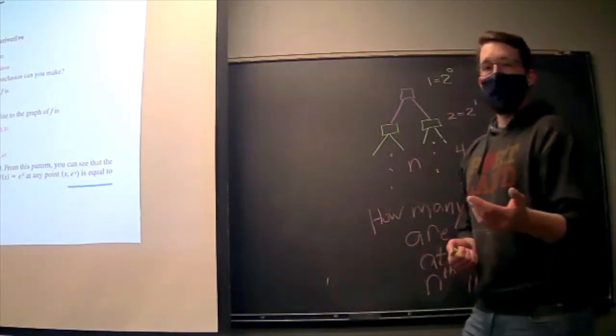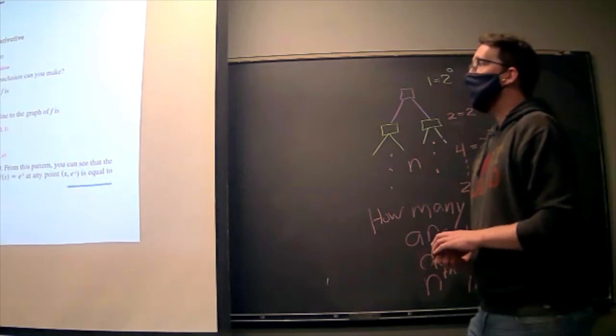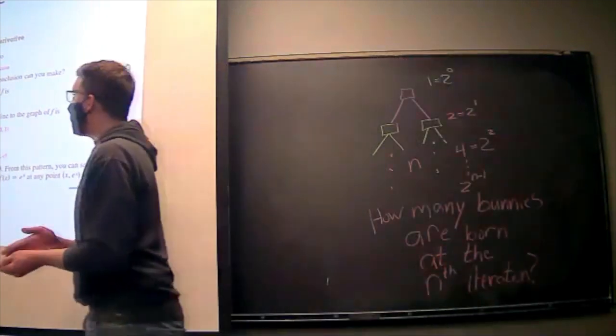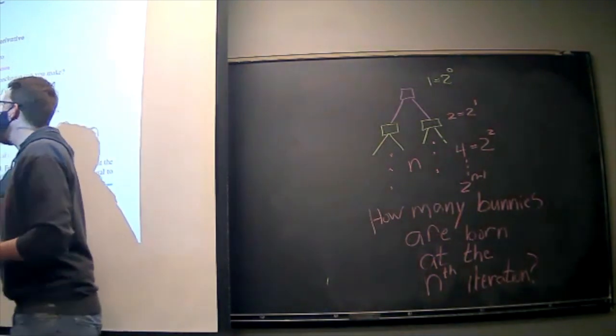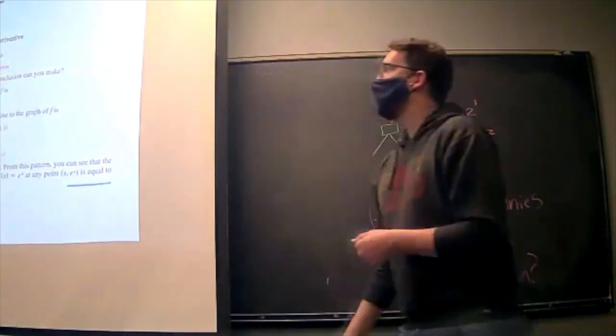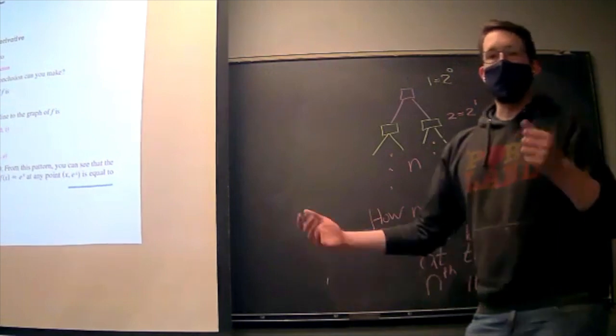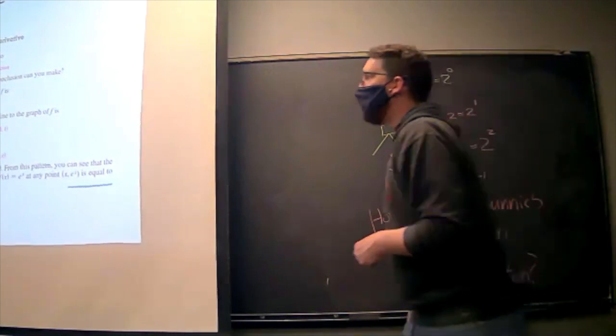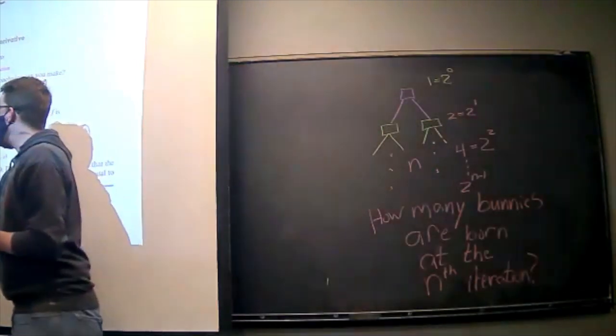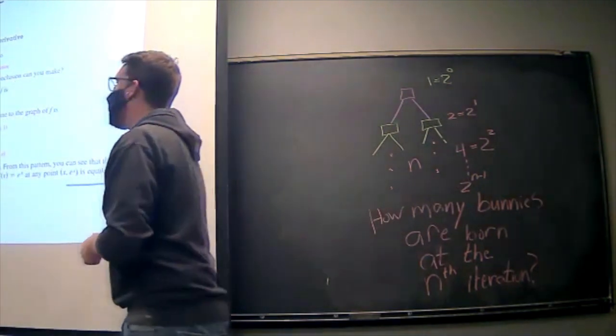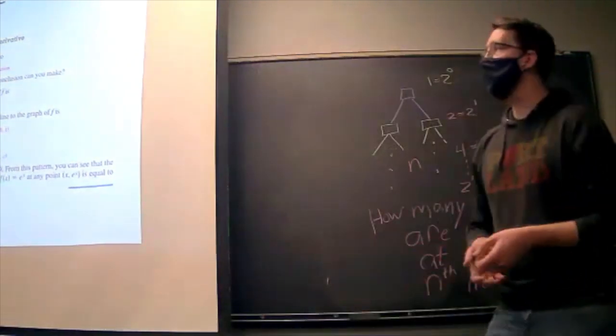So we're going to take the derivative. We're going to plug in 0. We're going to find that the slope is just equal to 1. We're going to do the same thing, but this time plug in 1 and find that the slope is just equal to e.